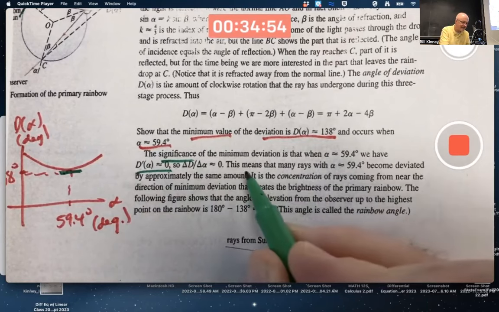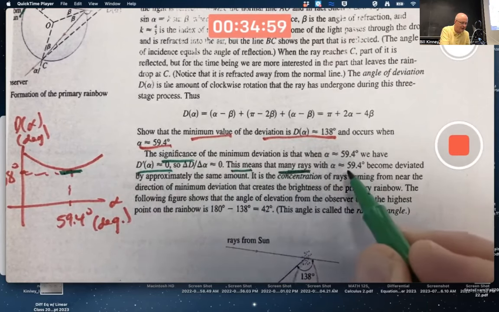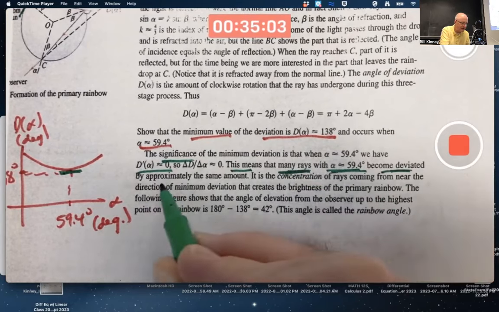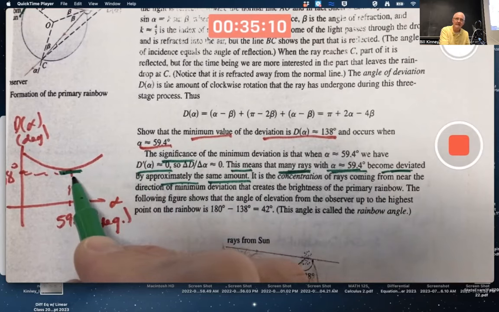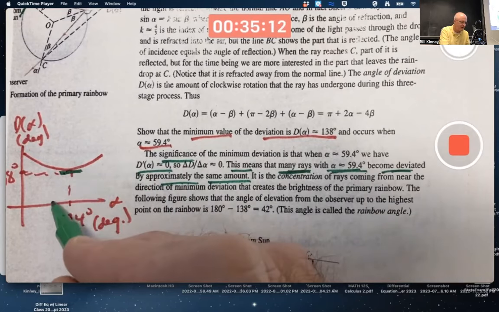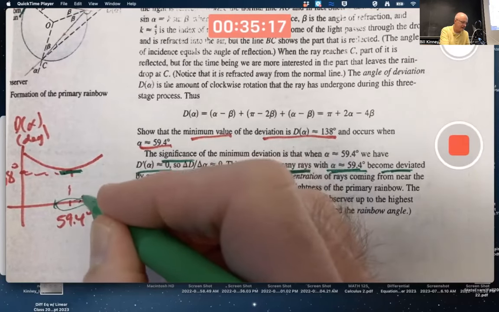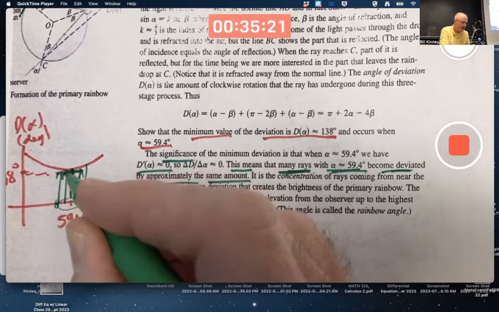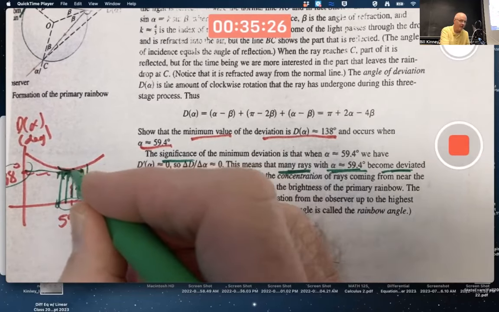This means, here's the key sentence, many rays whose angles are very close to 59.4 degrees become deviated by approximately the same amount. Huh? Because the slope is 0 at the minimum here, there are many angles relatively close to 59.4 degrees that when you plug them into D to find the deviation angle, you get an output close to 138 degrees, very close, because the graph's so flat there.